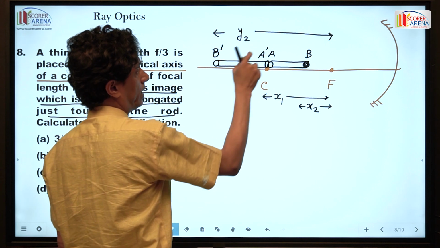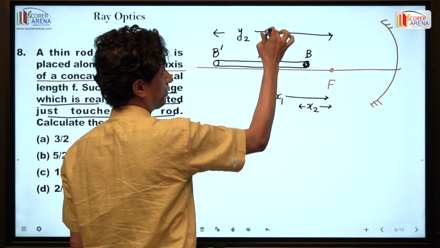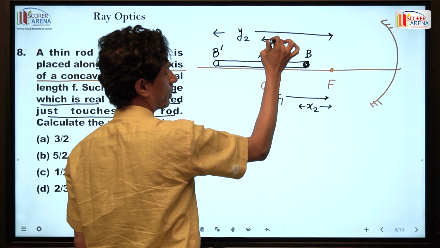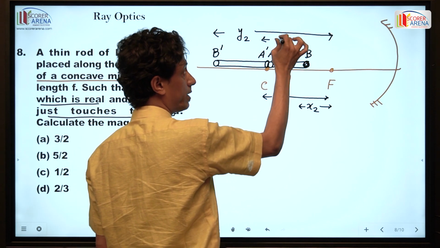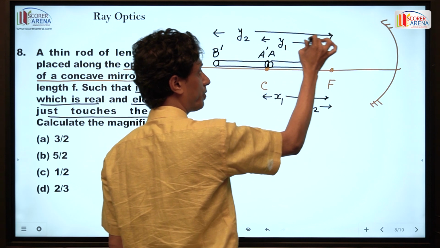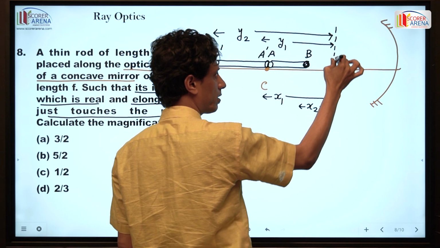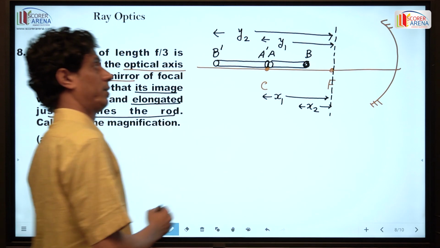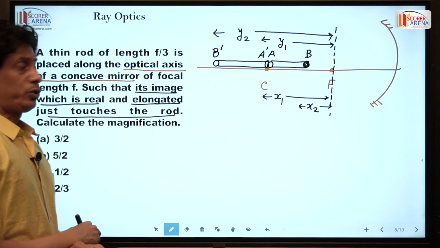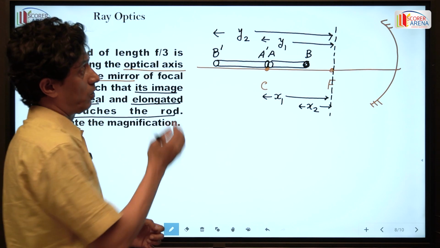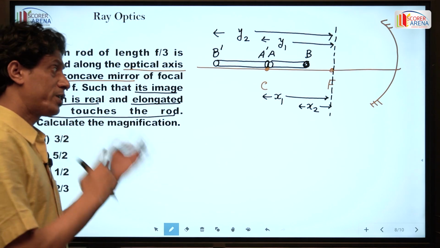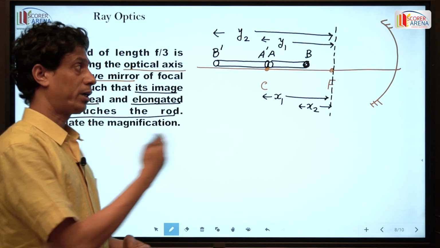And the distance of the point A prime, that is the image of the end A, is y1 from the focus. So according to the Newtonian concept, object and image distance is always measured from the focus of the mirror or lens.